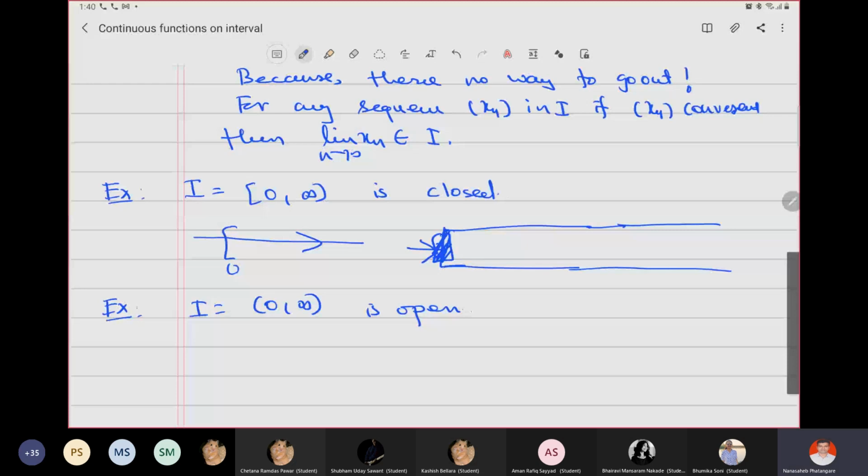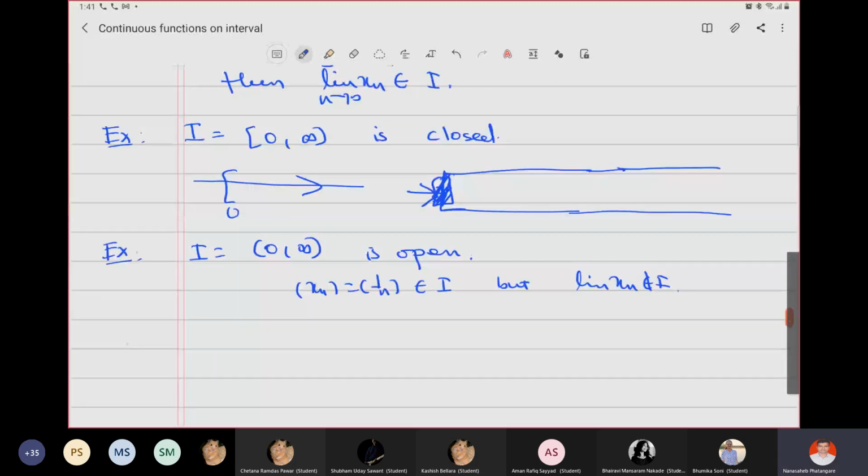Because I can have a sequence 1 by n which is in I, but the limit of xn is not in I, so it is open. The destination is not inside the room. So this is possible in this case, right? So this interval 0 to infinity is closed. The second interval is open.